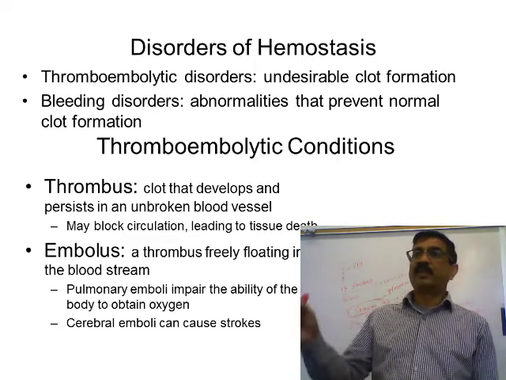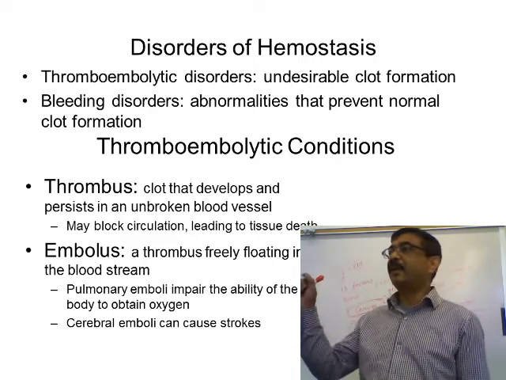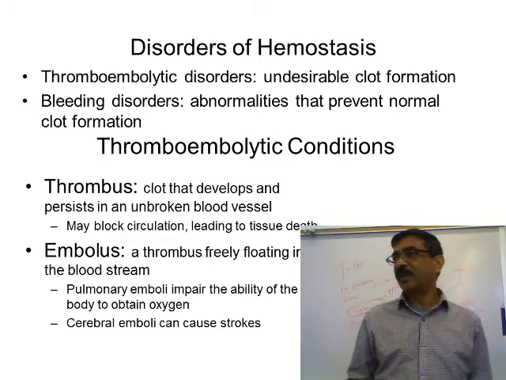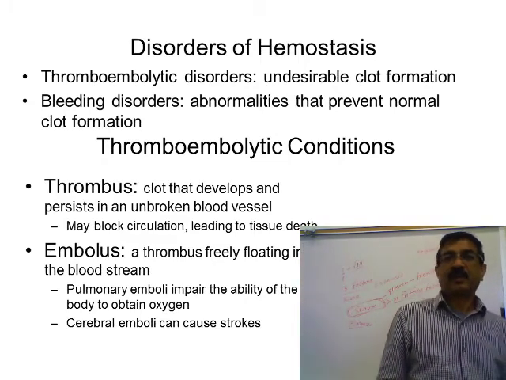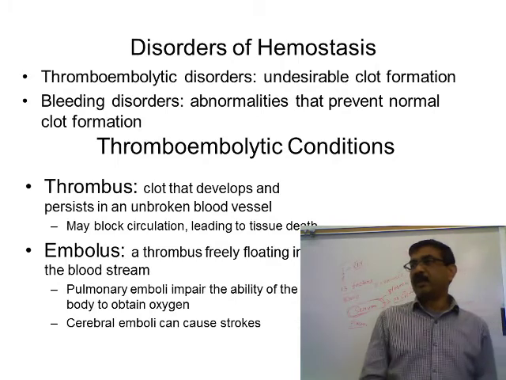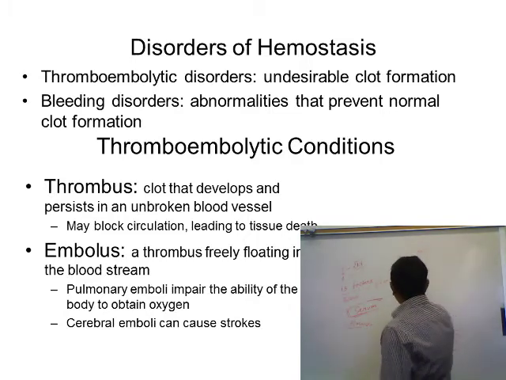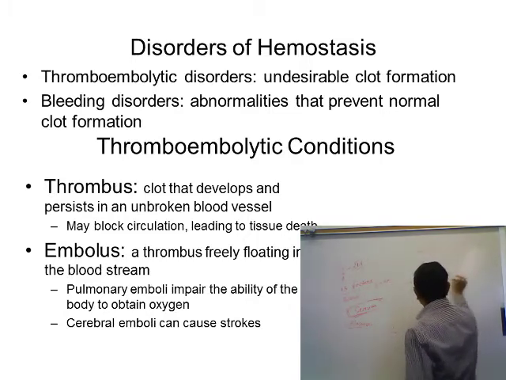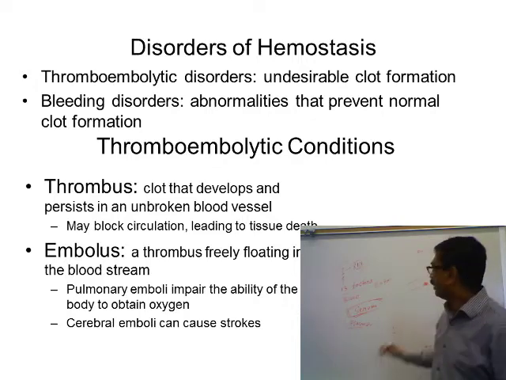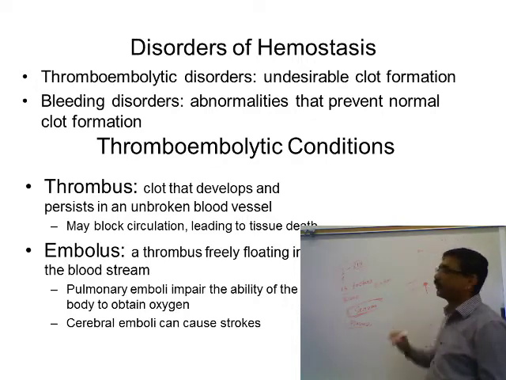Thromboembolic means that thrombus and embolus are formed in thromboembolic disorder. The difference between a thrombus and embolus is that a thrombus is fixed. Like, this is the blood vessel, you've got a clot which is attached to the wall of the blood vessel. So this is a thrombus.